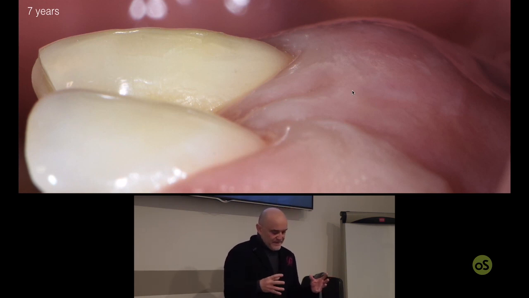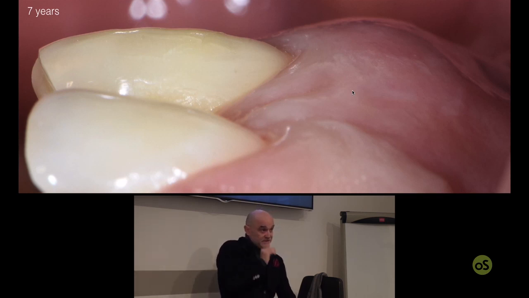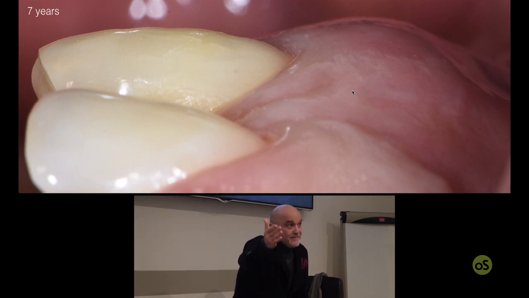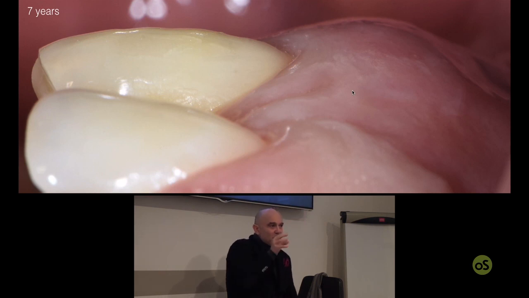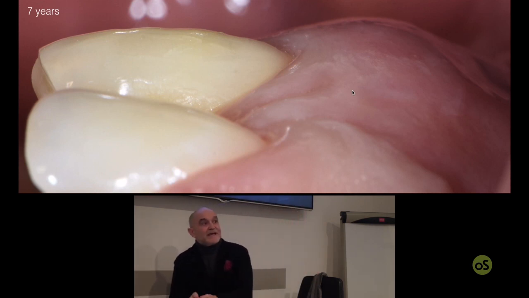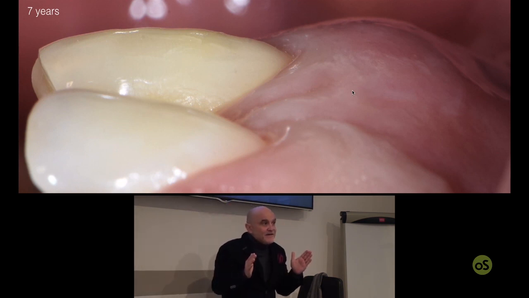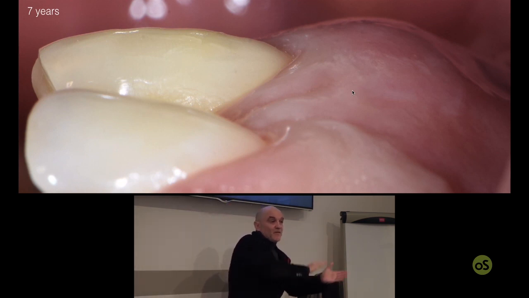So the tendency today is to minimize the thickness of the graft at the time of the surgery, not to experience an excessive increase in the thickness with time, which is exactly the opposite problem we had in the past, in which we wanted to make thick graft because we were afraid about the risk of losing some of this thickness.